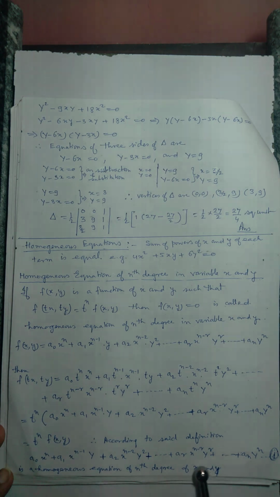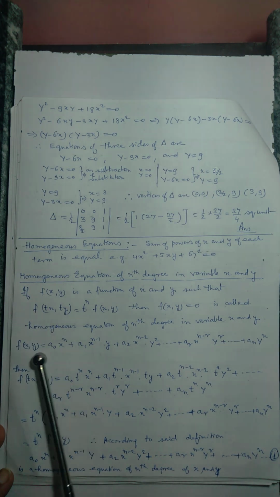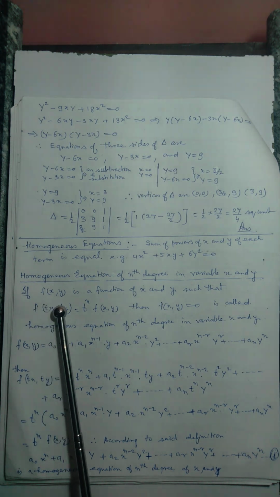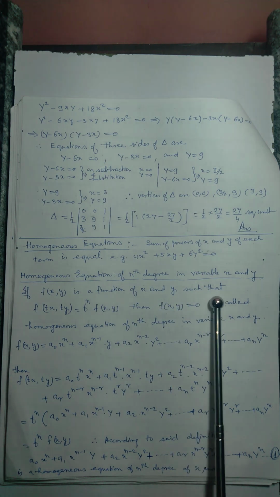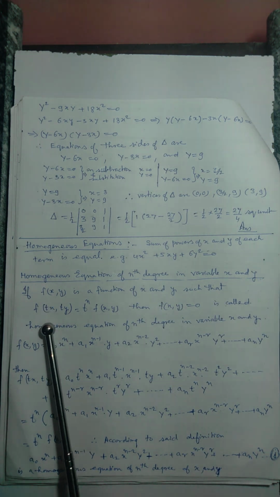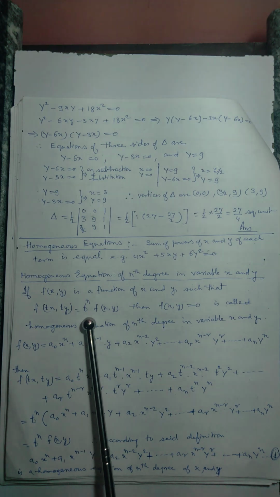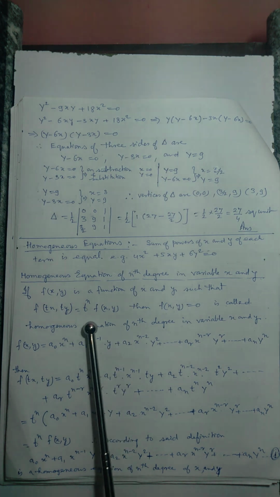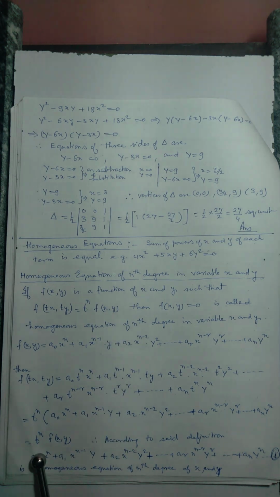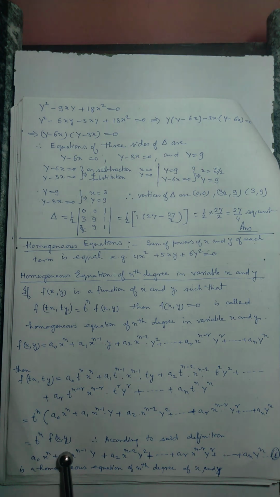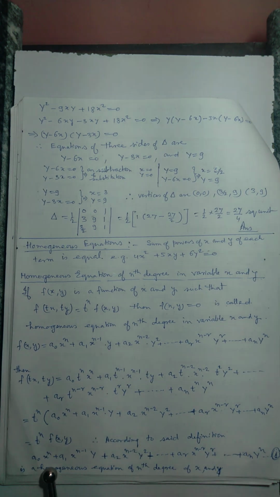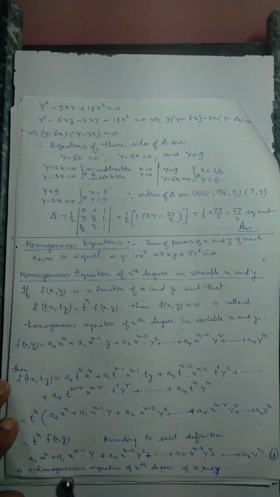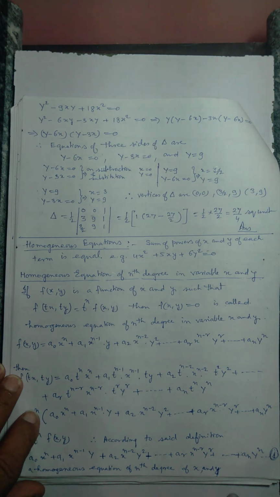Already it has been established in the definition also, I have mentioned it. If any function f(x, y) is such that if you substitute tx and ty, then you get t raised to power n and the other factor will be f(x, y), the function of x and y. Here also you are getting t raised to power n f(x, y). So according to the said definition, this is a homogeneous equation of nth degree in x and y.